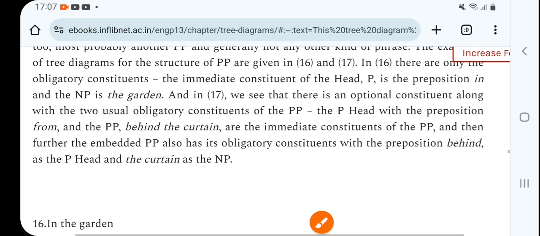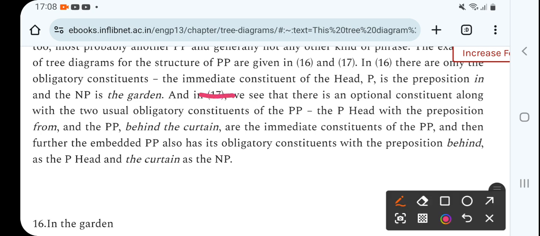Here the optional constituent is the prepositional phrase behind the curtain, along with the P head from. So those are the immediate constituents of PP. And then further, the embedded PP also has its obligatory constituents, with the preposition behind as the P head and curtain as the NP.